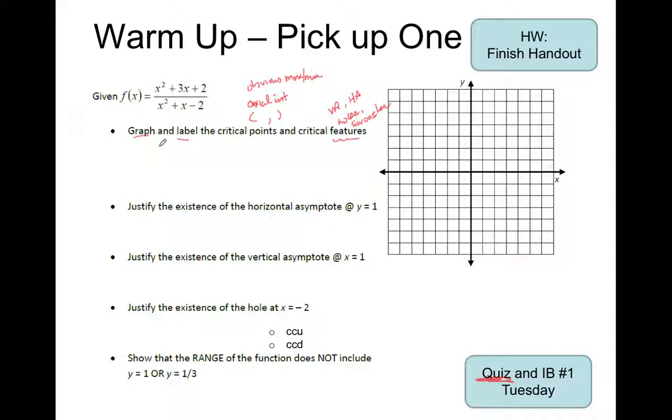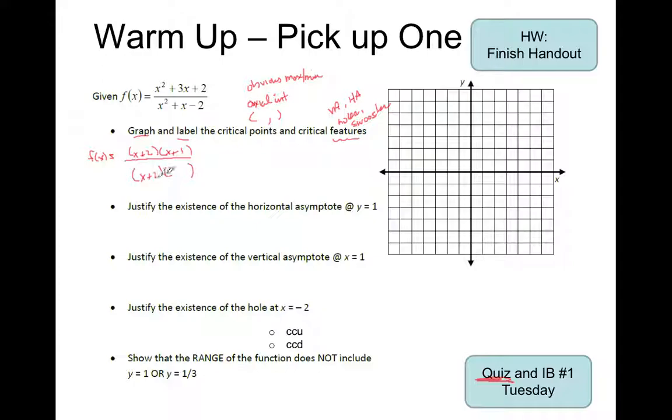So let's see what we have here. What do we notice? Firstly, let's factor this denominator and factor the numerator. What do we have here? X plus 2 and x plus 1. And then how about the denominator?